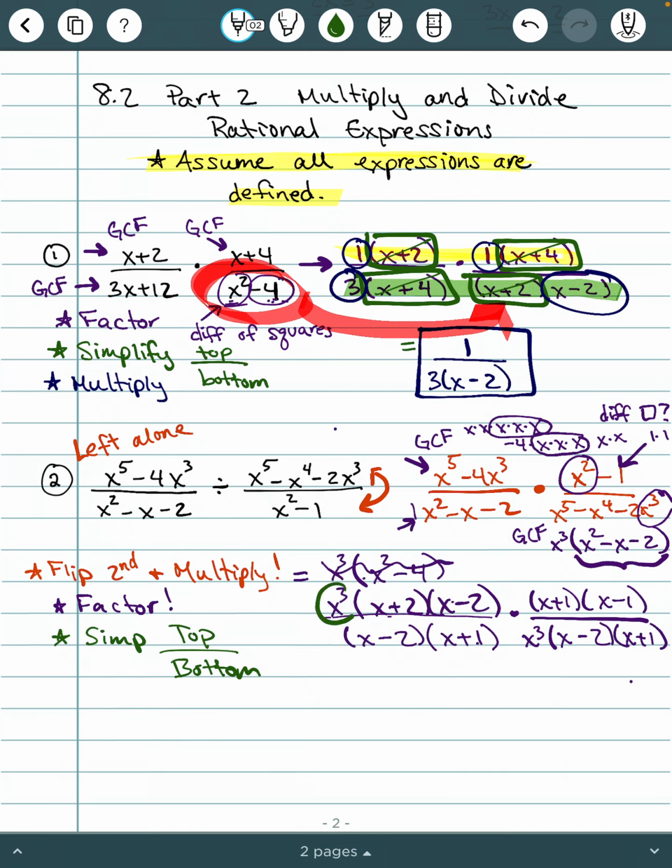Well, we've got this x cubed can cancel with that x cubed. We've got one of our x minus 2's can cancel with this one. You can't take both of them out of the denominator because we only have one in the numerator. Similarly, we can take one of our x plus 1's and cancel with this one. Can't take both of them, but it doesn't matter which one you do take.